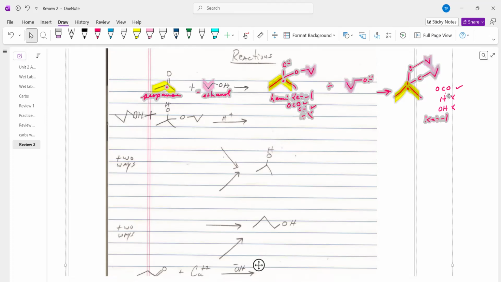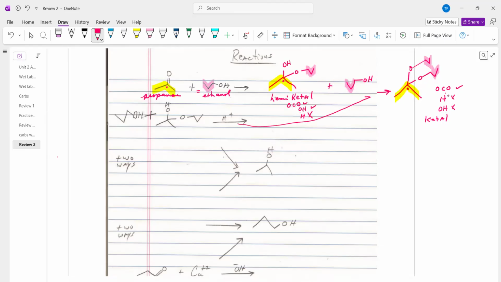So this is up here, that reaction. Okay, how can I make this isopropanol?